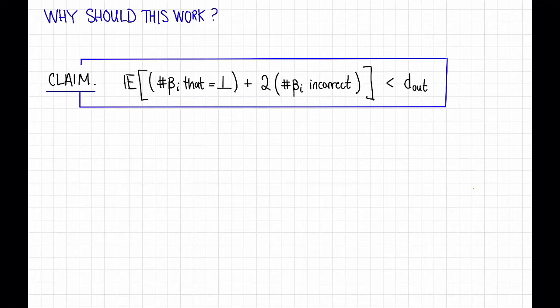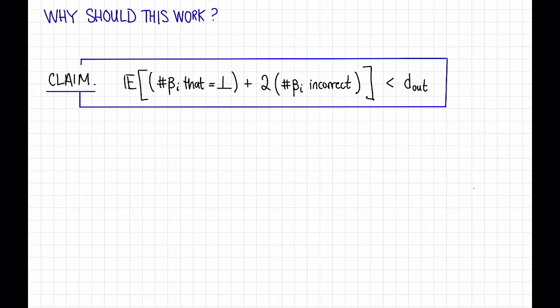The claim is that the expected number of beta i's that are equal to bot plus 2 times the expected number of beta i's that are incorrect is going to be strictly less than d_out, the distance of the outer Reed-Solomon code.